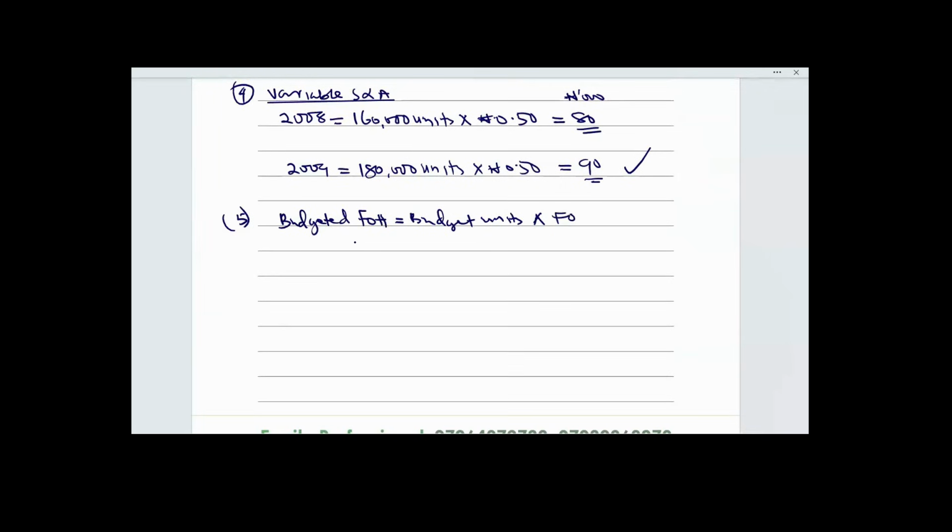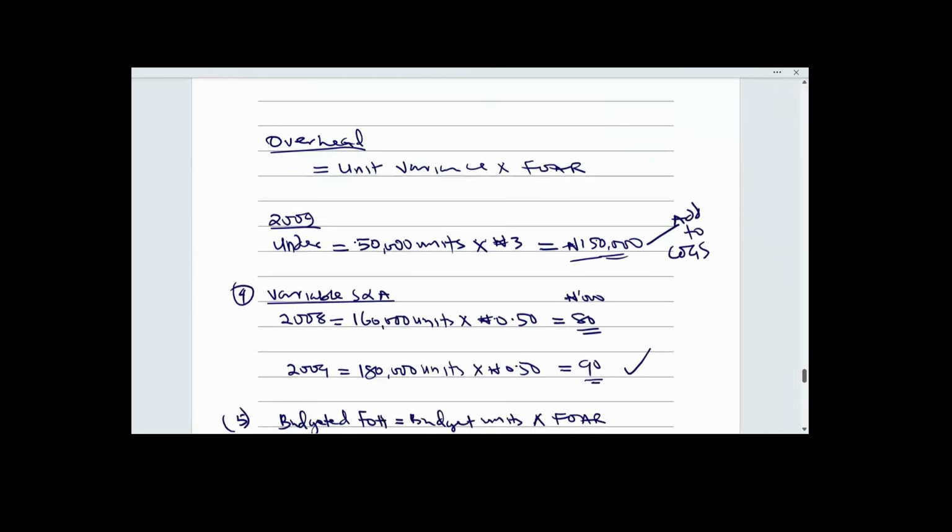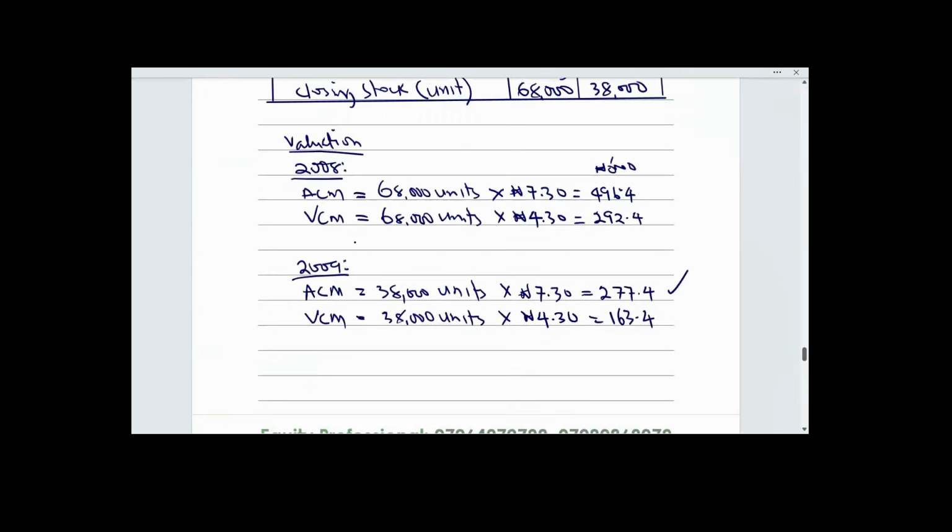Budgeted output is 200,000 units. Therefore, budgeted fixed overhead is 600,000. So this 600,000 will be constant for the period under consideration.